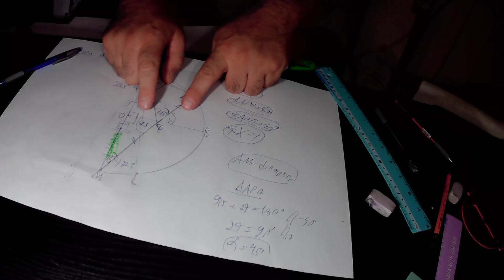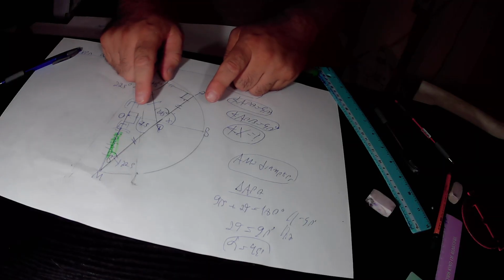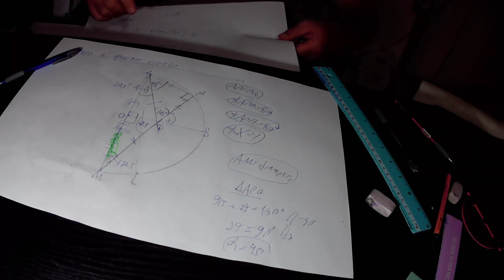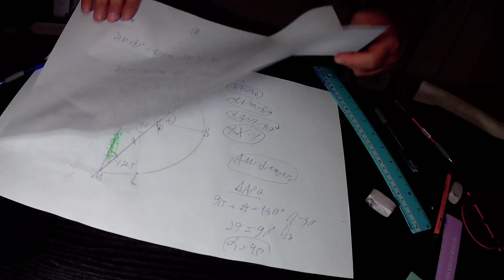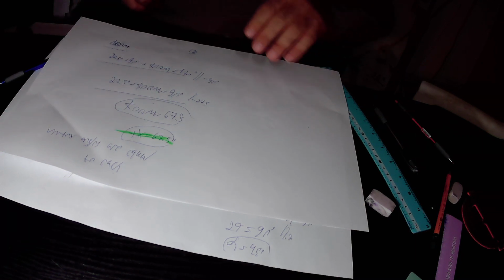So in total, we found out that the size of this missing angle X is equal to 67.5 degrees. And again, we found out that the size of the angle that we are looking for in this question, that is angle X, is equal to 67.5 degrees. And that is the answer to the question. Okay, thank you very much.